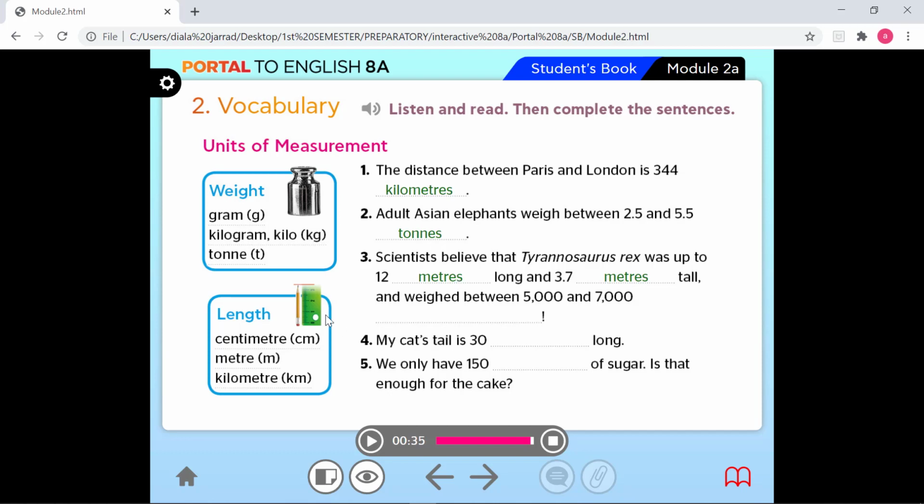So long, tall, meters. And weighed between 5,000 to 7,000 kilograms or kilos. Both of them are right. My cat's tail is 30 centimeters long. We only have 150 grams of sugar. Is that enough for the cake?